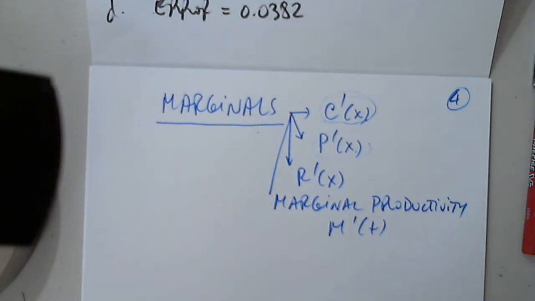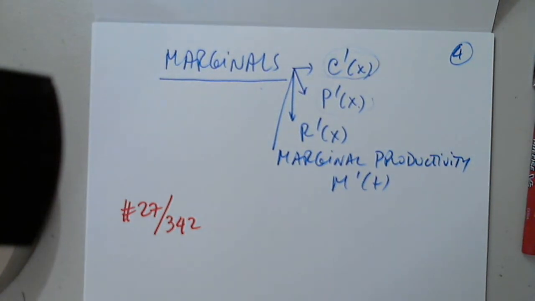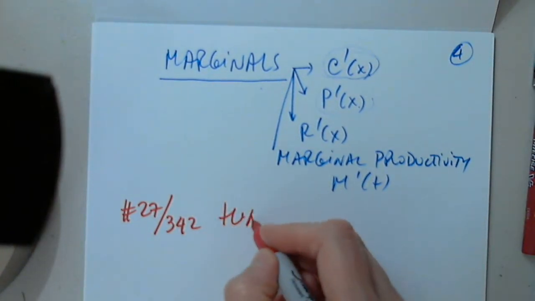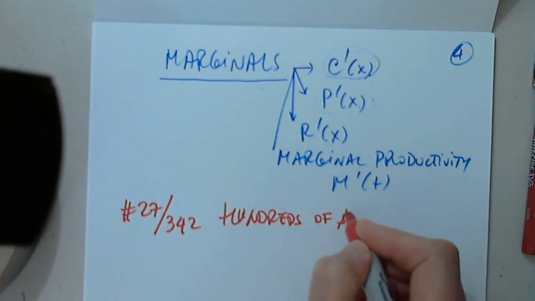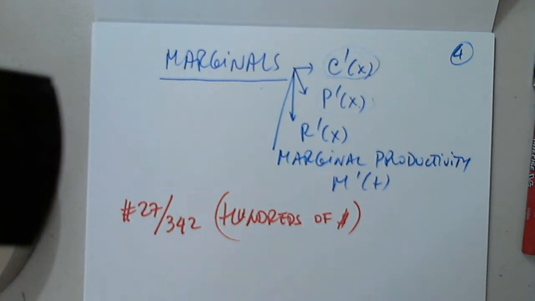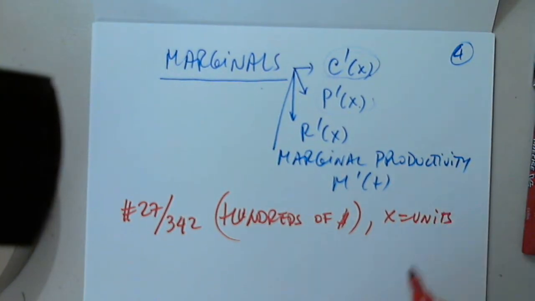So 27 on 342. Let's read the problem. Suppose the daily cost in hundreds of dollars, I take notes so I don't forget the measurement units, of producing x security systems. Okay, so x units.